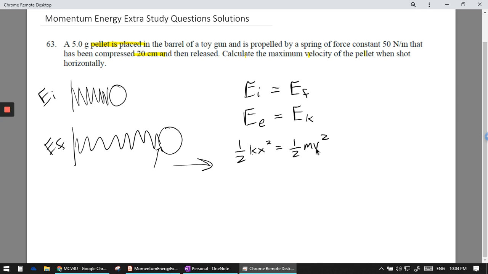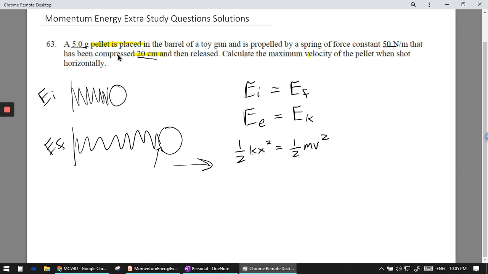And then right there is the velocity with which the pellet leaves. Okay, and so we're just going to go ahead and solve for that. All this other information we have. We have the spring constant. This is K. We have the compression distance, which is this, and we've got the mass right here.